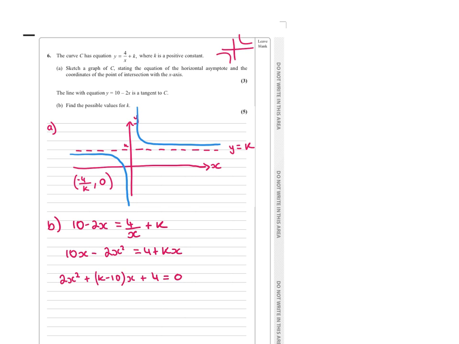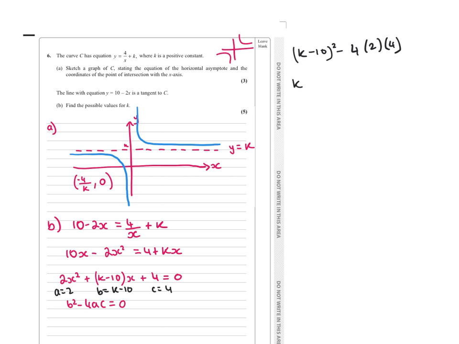the number of solutions to both of these is exactly 1. So b squared minus 4ac equals 0. So our a is 2, our b is k minus 10, and our c is 4. So we're going to have (k minus 10) squared minus 4 lots of 2 lots of 4.